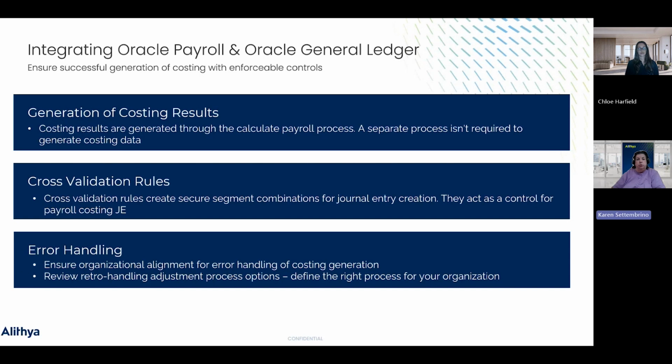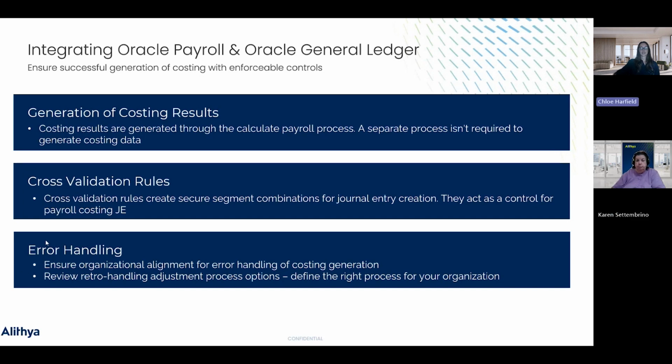Another example of a good rule that causes it to fail is if you don't have an open accounting period. The system will let us know whether you have an open accounting period or not. So there are various things we could do as far as error handling from the payroll side that will help us determine and make sure we have a clean entry going to the general ledger.